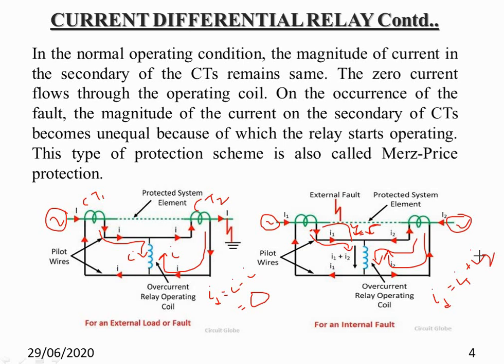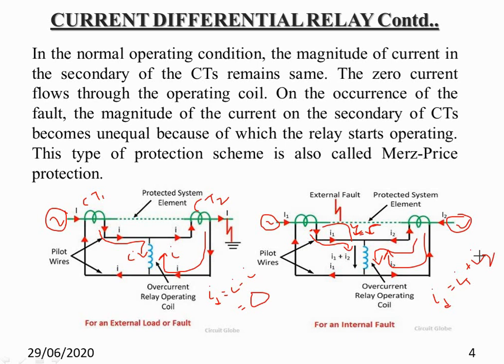From here we can say that the relay will work, and whenever the relay works, it sends the signal to the circuit breaker, and the circuit breaker will isolate the faulty section from the healthy section or from the supply. So this is the concept of the current differential relay.